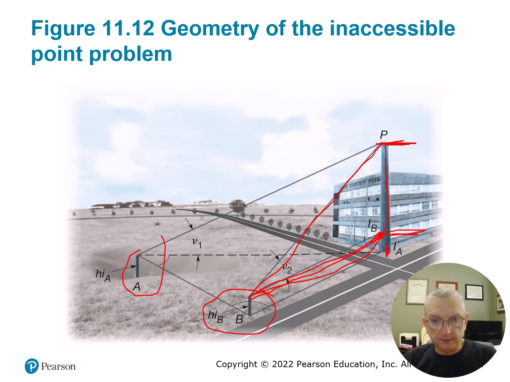So you take the known elevation, add the HI, add the computed C value, and you have an elevation for the point P.